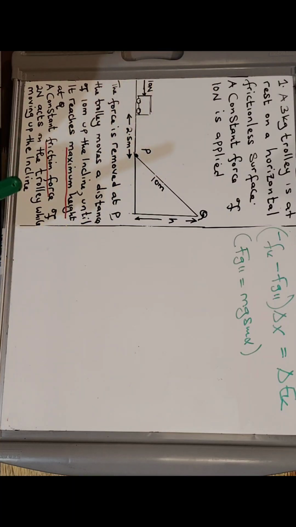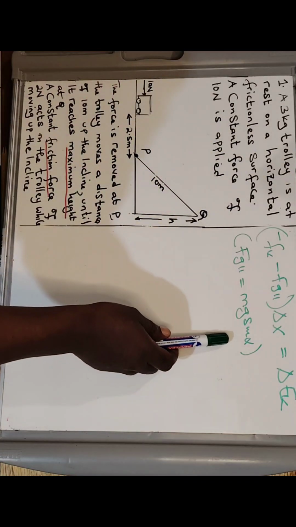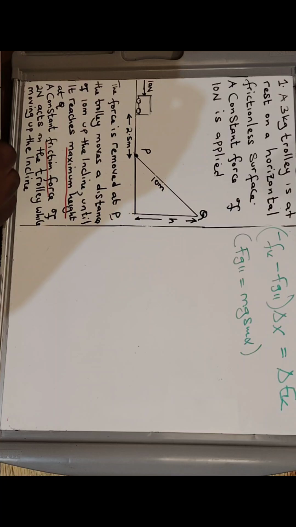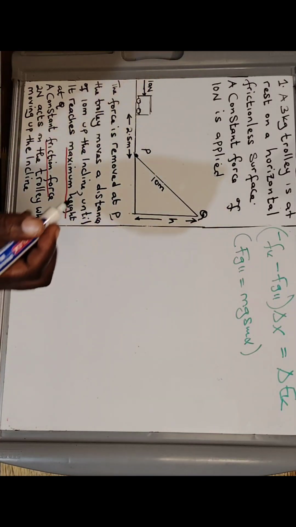The two components of gravitational force: the Fg parallel is mg sine alpha, alpha being the angle of inclination, and the Fg perpendicular is mg cos alpha. So our Fg parallel is mg sine alpha.